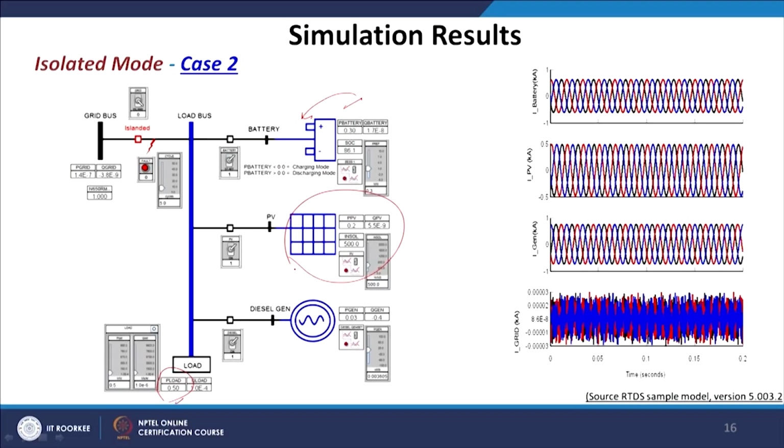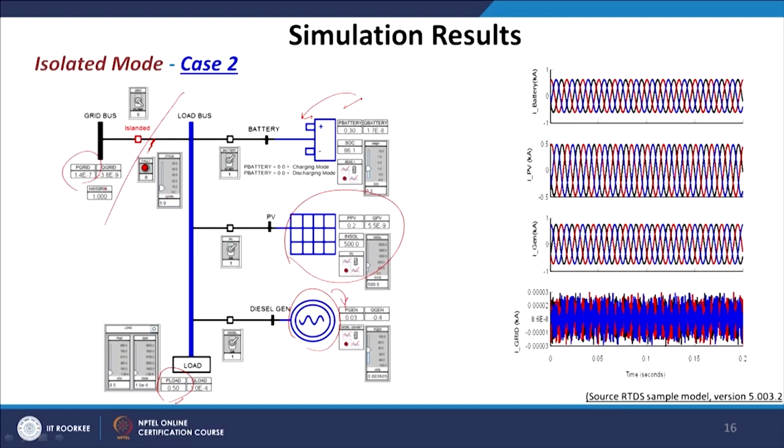So, now my PV is giving me 0.2, the load is 0.5, and the shortfall of 0.3 can be taken from my battery directly, forcing my diesel generator not to generate any power at all. And certainly the grid is disconnected, so the grid power coming to my AC microgrid is negligible.